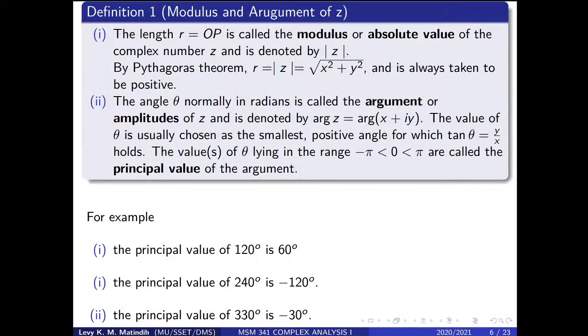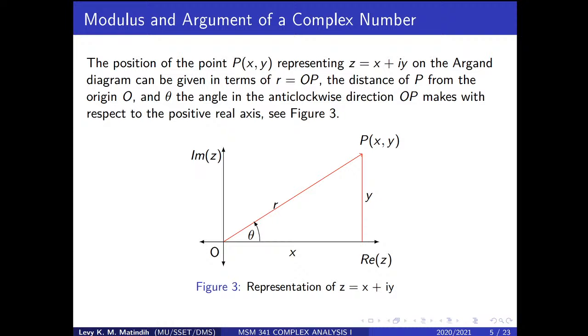This brings us to this definition: the length R, which is equal to OP, is called the modulus or absolute value of a complex number Z, and is denoted by these symbols, which mean the modulus of the complex number Z.